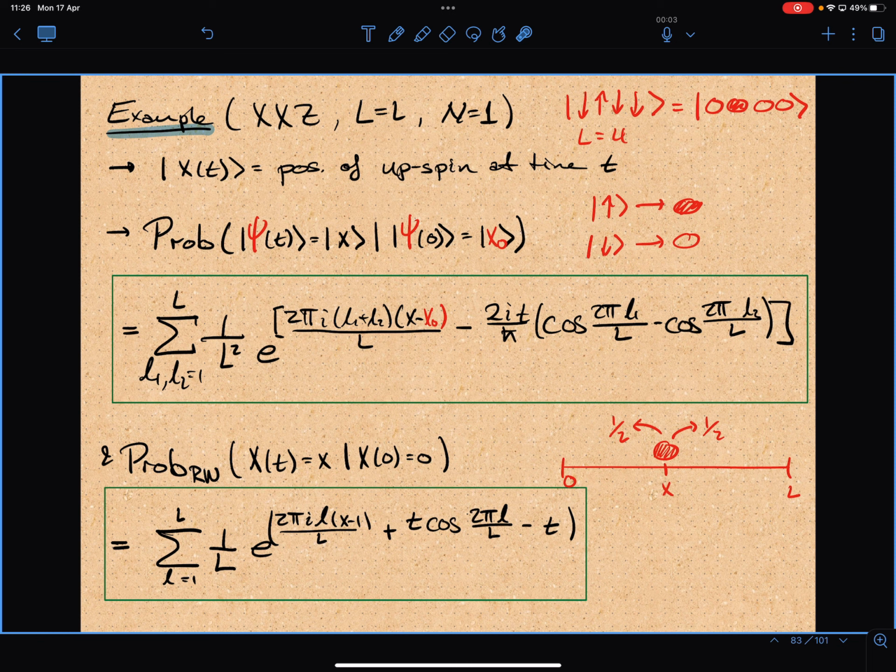And the one in the bottom is the probability, for the classical case, of finding the particle at position x at time t. So it's classical versus quantum. And it turns out that deriving both formulas uses very similar ideas, and I'm going to focus on the quantum case and derive that formula.